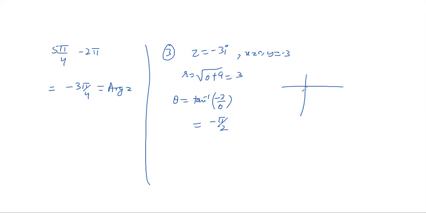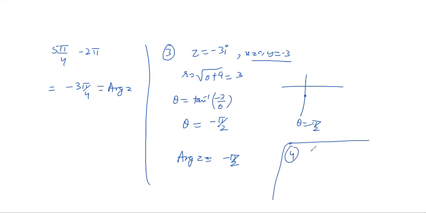This is 0, -3 as a point, lying on the theta equal to -pi/2 line. You have all the tools with you, the geometry knowledge, so you can draw and check too. These things are not difficult. So this is the principal argument, it satisfies the range. So capital ARGZ, the principal argument, is -pi/2.